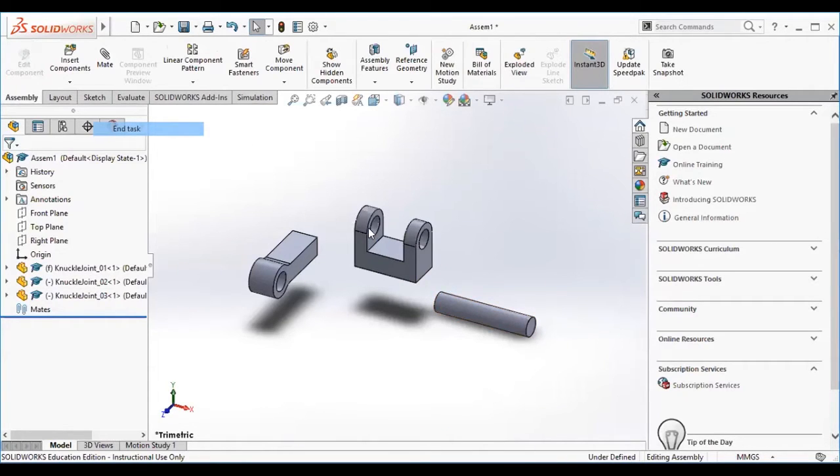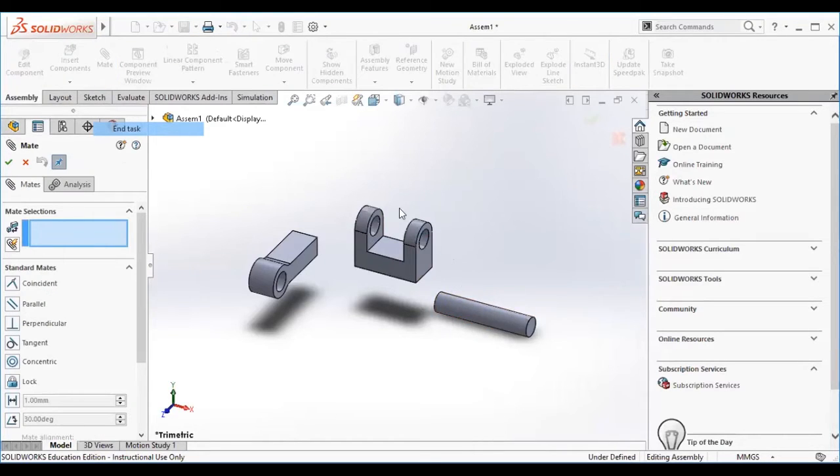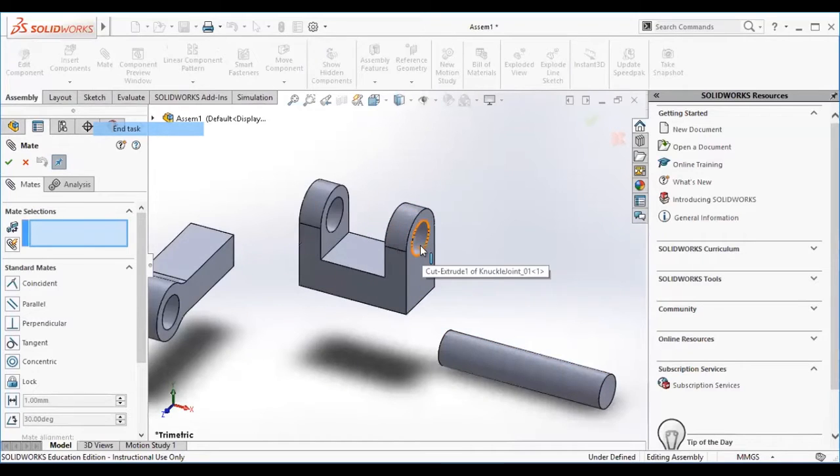First I'm going to create an assembly of the parts, and then I'm going to show you the steps to simulate. First we need to mate the parts together, making sure the connections are properly defined. I will start with concentric, which means the pin has to be concentric with the hole. Right now the diameters of the holes and the pins are exactly the same, 15 millimeters.